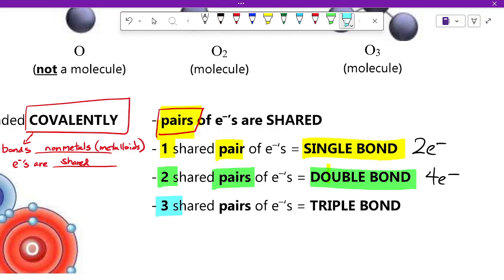And 3 shared pairs is a triple bond, which is going to be your 6 electrons.